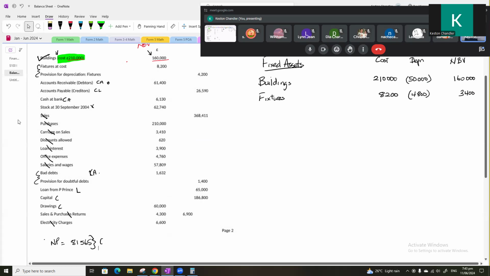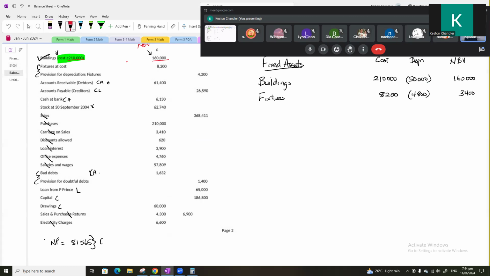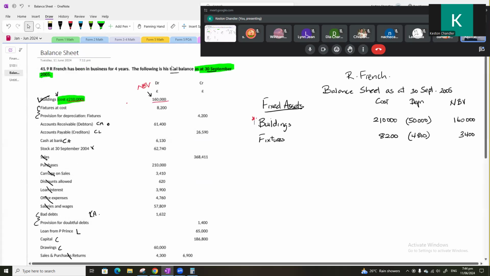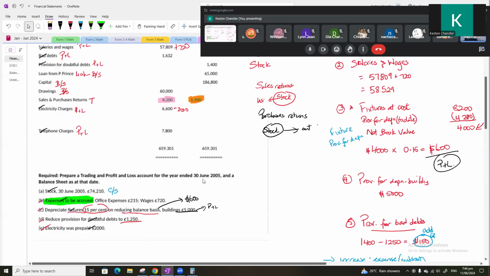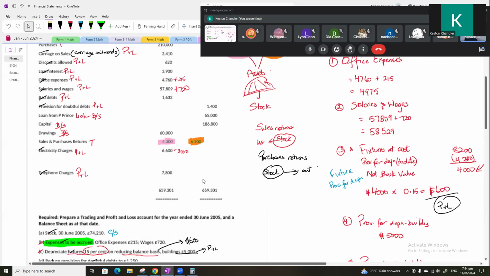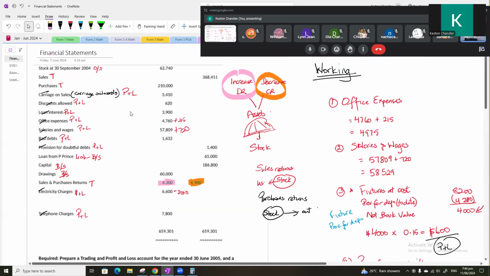Now, I just want to put a pin here in this, right? Reason being, looking at the dates, seeing 30th of September here, and then when I was checking back here, I'm seeing 30th of June, and I'm seeing 30th of September 2004. That would have been the opening stock.